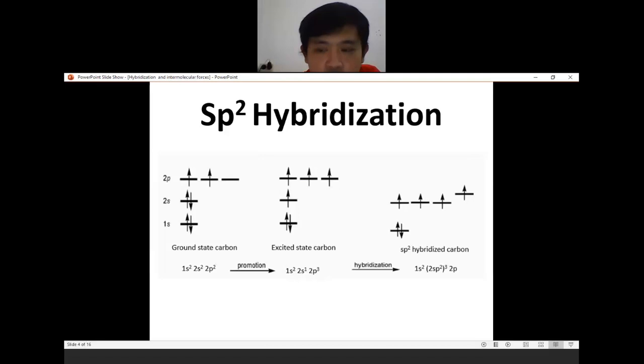The pi bond occurs when two p orbitals overlap. This p orbital will overlap with the other p orbital from a different atom. Well, this sp will make a single bond with the other atom.